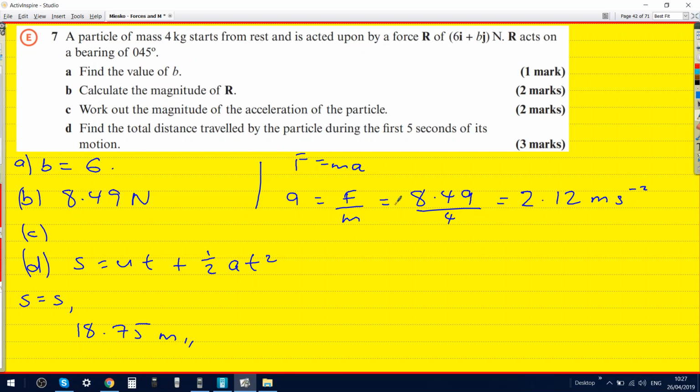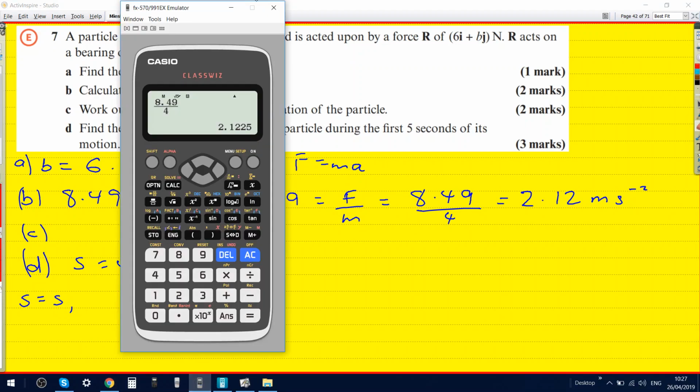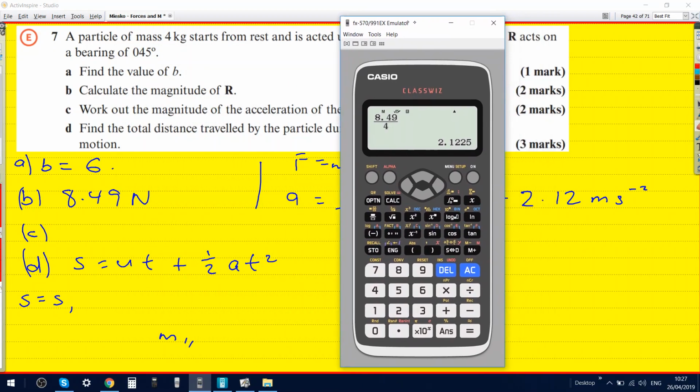That would still work. But you would then have to get the Pythagoras of that answer, like the two separate ones. Yeah. Okay, and then you would just plug that A in instead of 1.5. Yeah, so U is 0, was it?